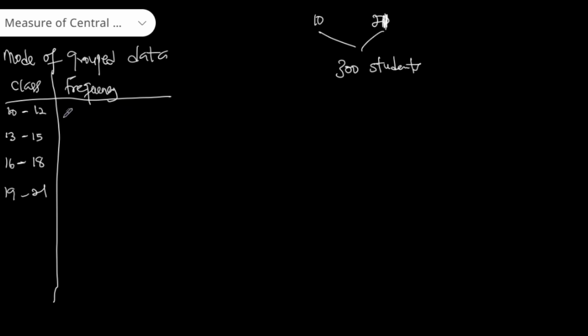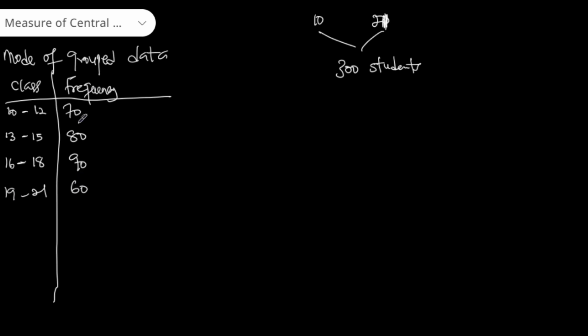So let's assume this 10 to 12 occurs 70 times, and then 13 to 15 occurred 80 times. Now 16 to 18 occurred 90 times, and then 18 to 21 occurred 60 times.